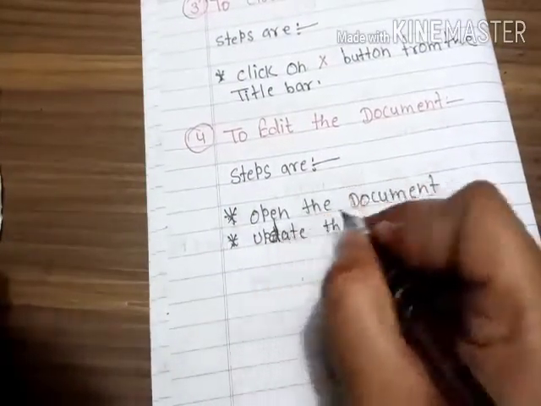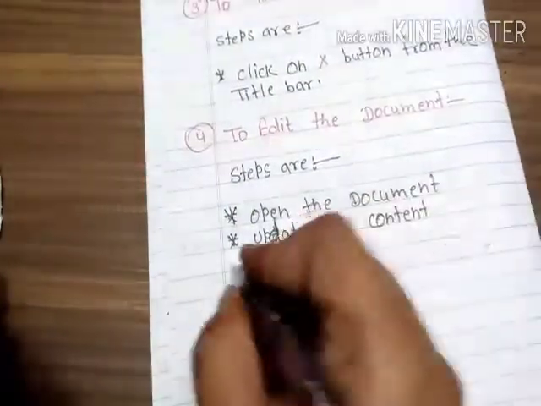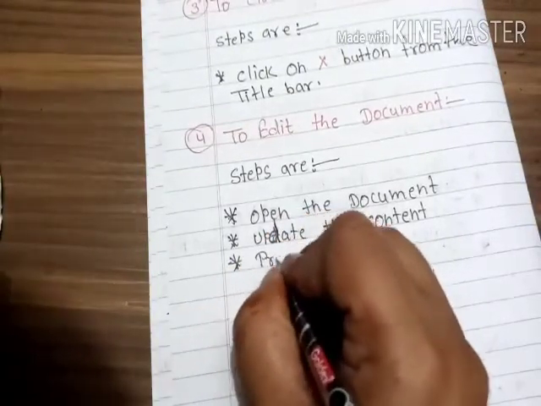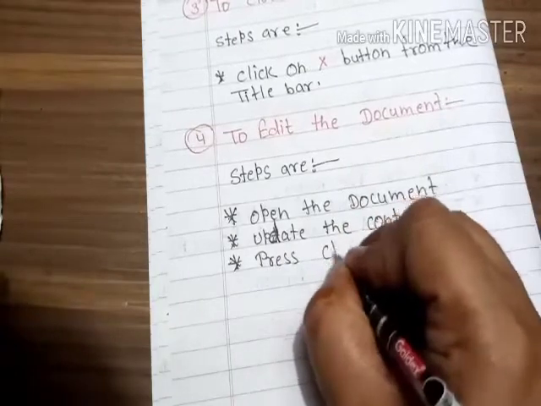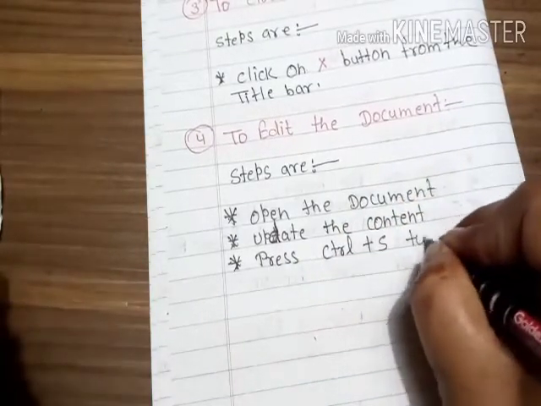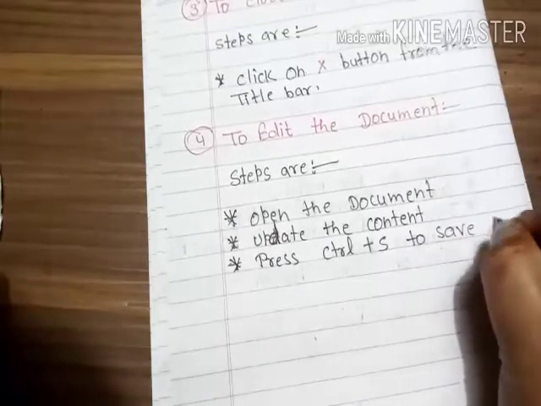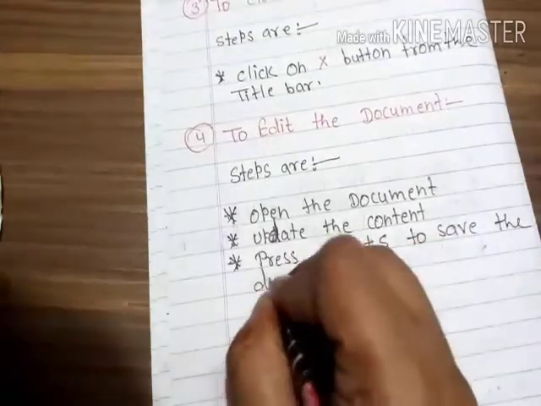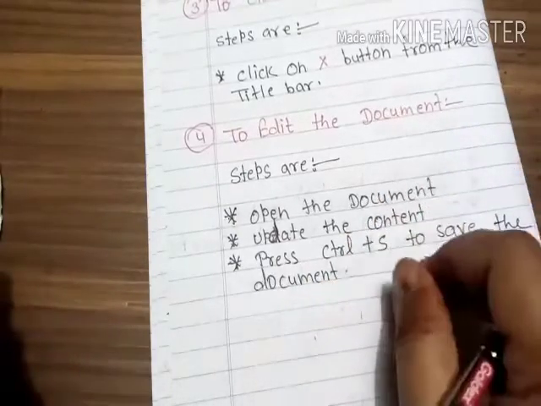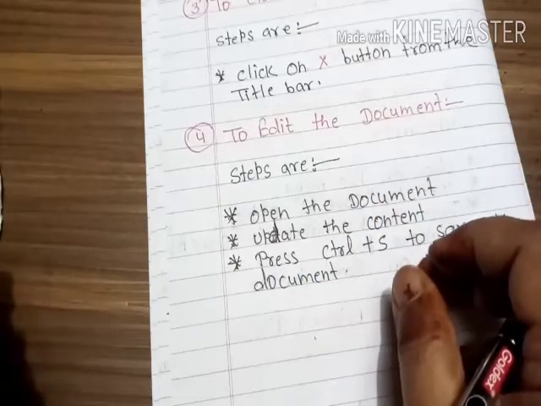So open the document, then update the content, press Ctrl+S to save the document. So these are the steps you have to follow to edit the document.